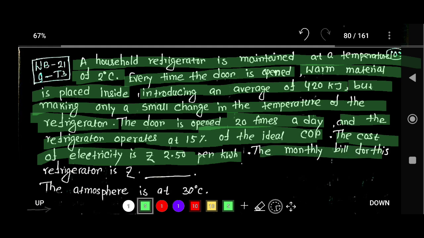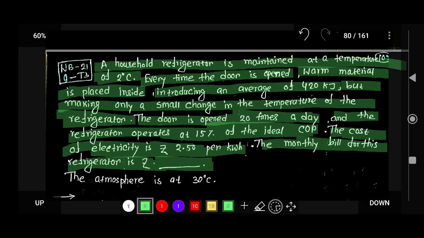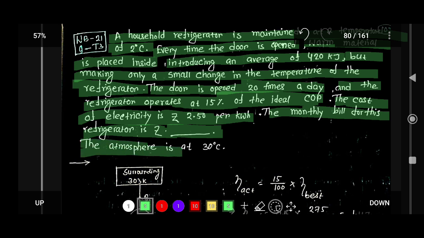The monthly bill for this refrigerator is rupees what? You have to calculate the monthly bill for running this refrigerator. Another thing given is that the atmospheric temperature is 30 degrees Celsius.